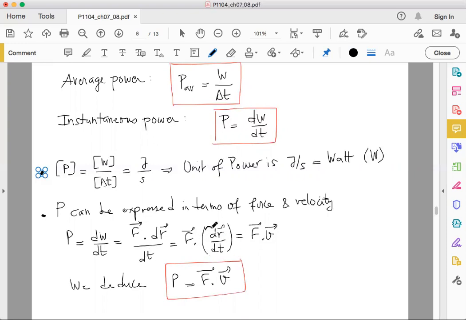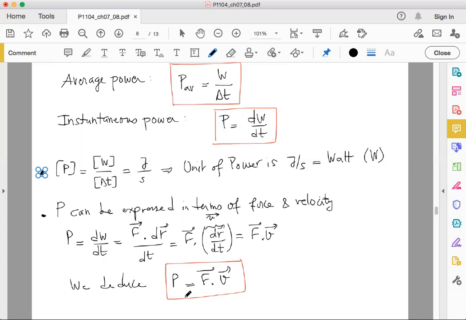And don't forget that dr by dt is nothing else than the velocity v. So we end up with the power equals the scalar product between the vector force and the vector velocity v. From here, we deduce that the power can be expressed in terms of the velocity and the force through this simple expression, P is equal to F dot V.